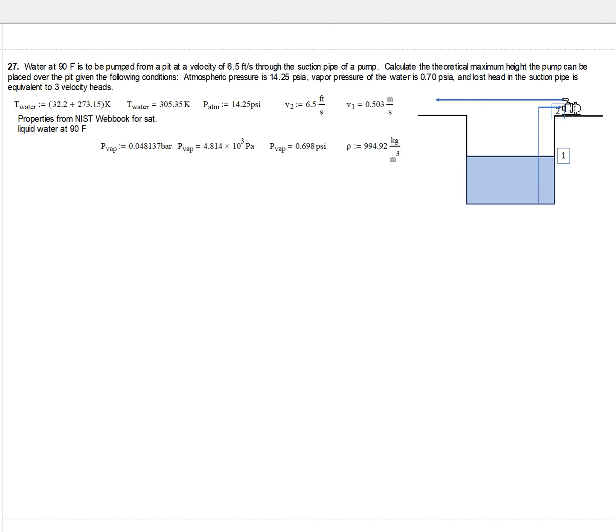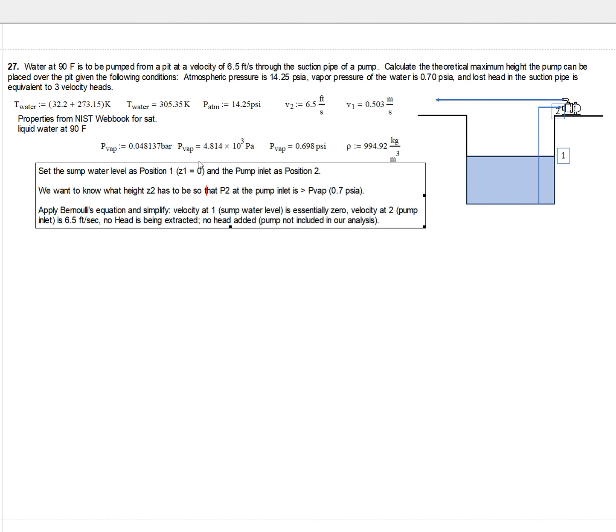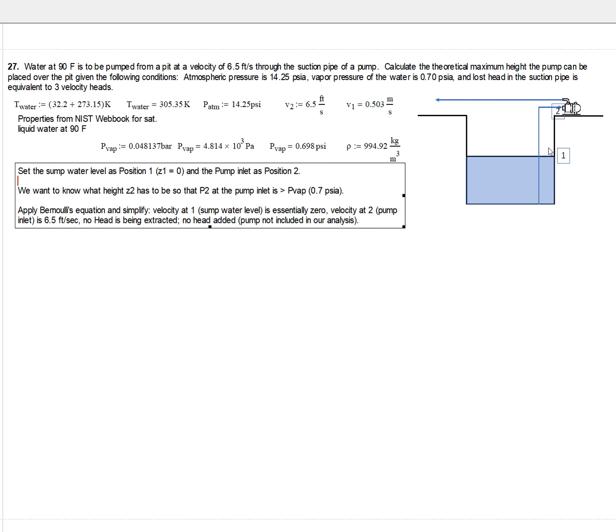Now, what we want to know is what is the height difference between the level of the water in the pit versus the pump inlet. Generally, for these kinds of problems, there's two kinds of reasons why we would want to know that.